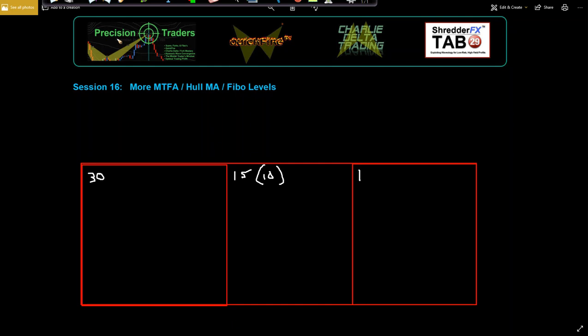But if you're using it and it's providing value, then I would use it. But for the average trader, it just clutters things up, and it's not going to make that big of a difference in your trading. So on your 1-minute chart, 30, 15, and 1. All right.